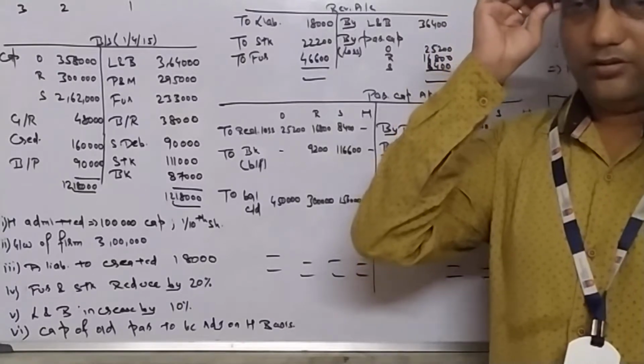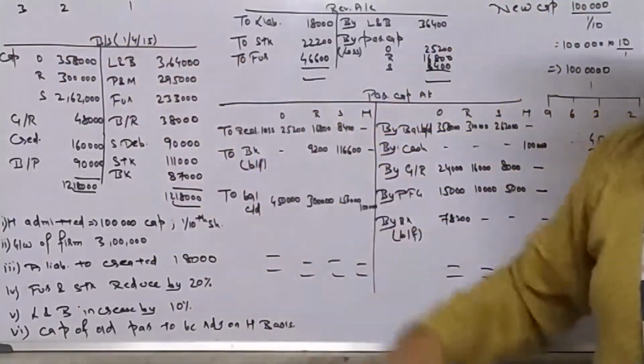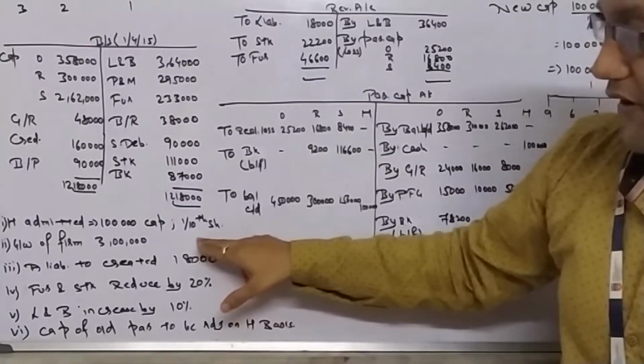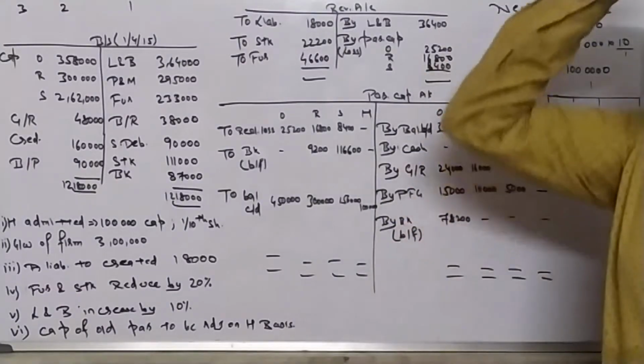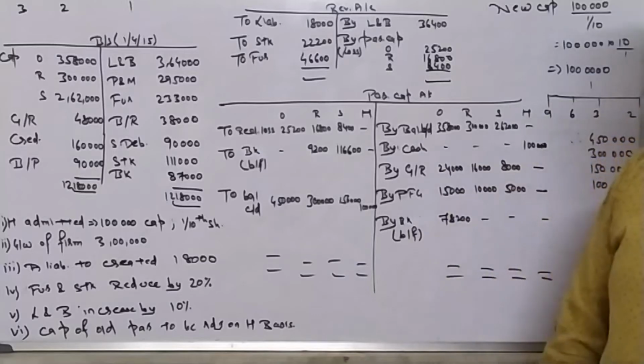Let's start with the very first thing we do. The old ratio is given, and the share of H is given. First we need to calculate the new PSR, our new profit sharing ratio.